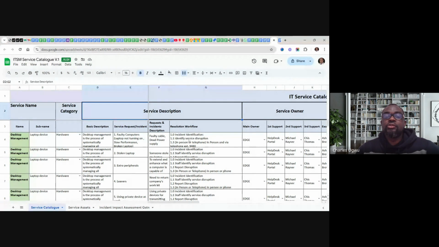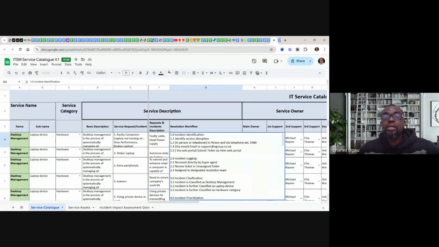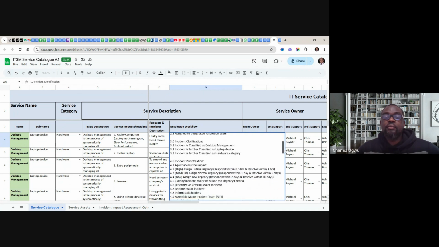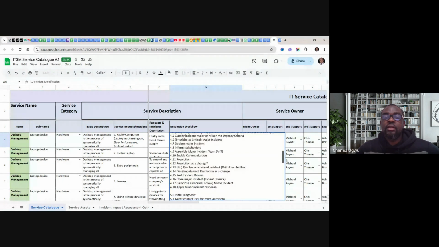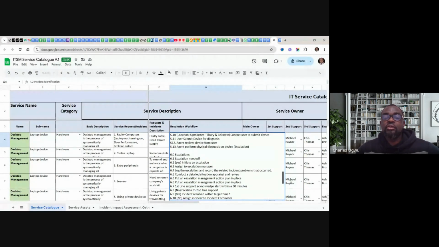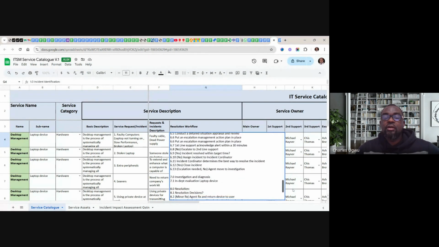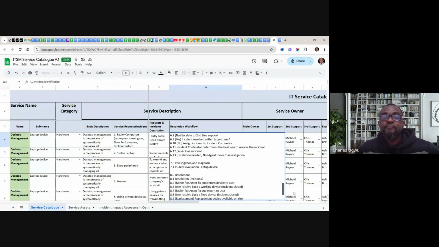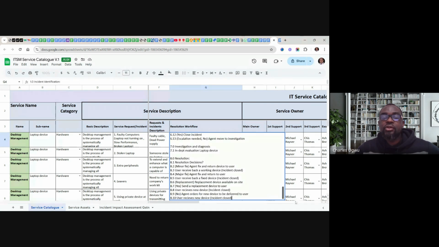As you see here, the resolution workflow: from identification, we'll have logging. From logging, we'll have classification. From classification, we have prioritization. From there, we'll have diagnosis. From diagnosis, we'll have escalation. From escalation, we'll have the resolution investigation, then we'll have resolution.